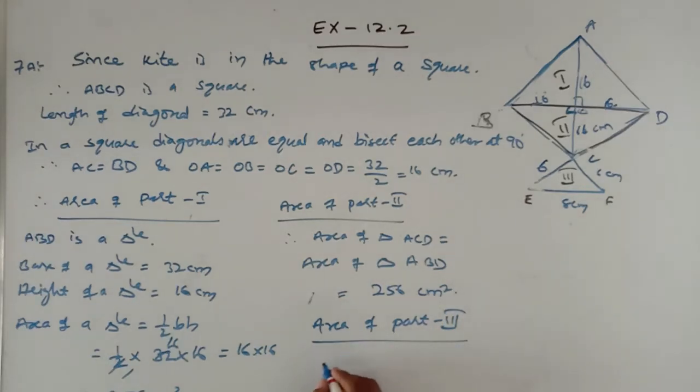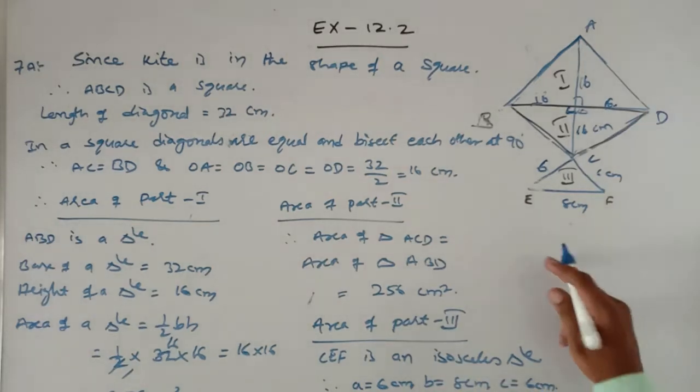So here CEF is an isosceles triangle. Therefore a is equal to 6 centimeters, b is equal to 8 centimeters, c is equal to 6 centimeters. By using Heron's formula, I am going to find this area.